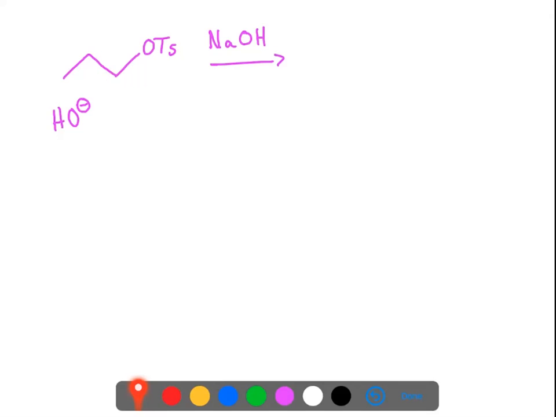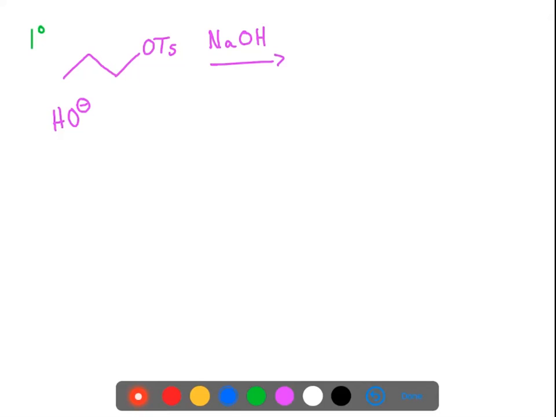And so therefore, we can categorize this as a primary alkyl halide or primary pseudohalide. So for a primary system, in the presence of a strong base, strong nucleophile, the major product will be the SN2 product. And so nucleophilic substitution will be favored.